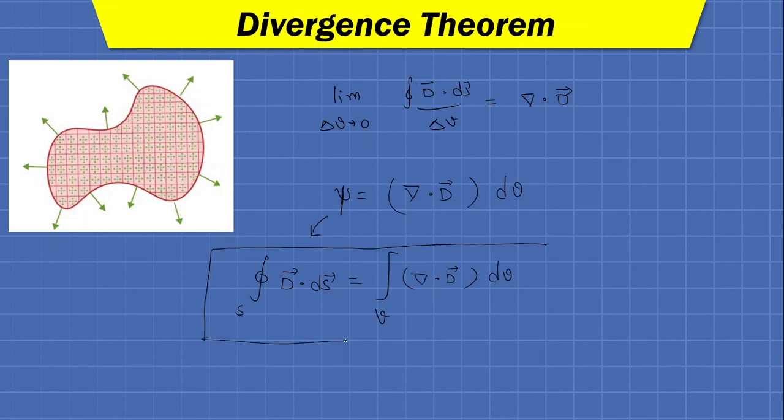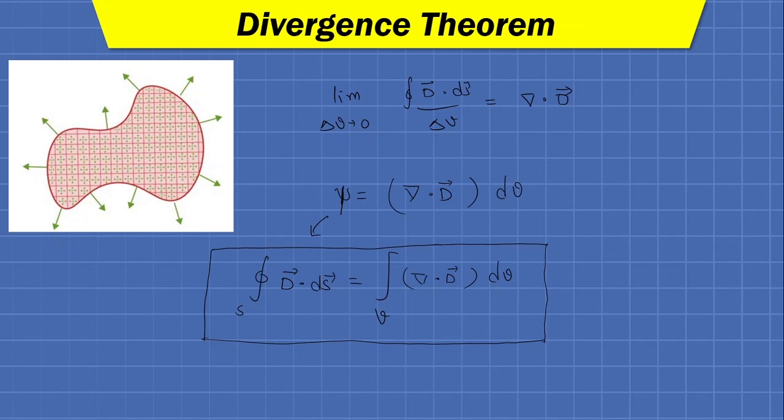The only thing that is important to understand here is that whenever we are proving the divergence theorem, first we will subdivide the total volume into n cells, then we will consider any one particular cell, let us say the ith cell, and we will calculate for that ith cell only.